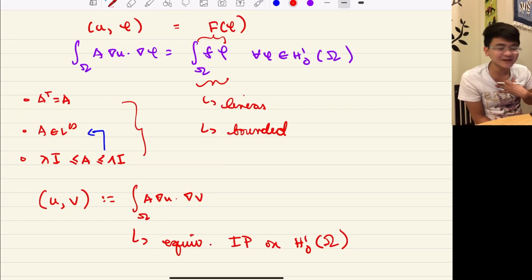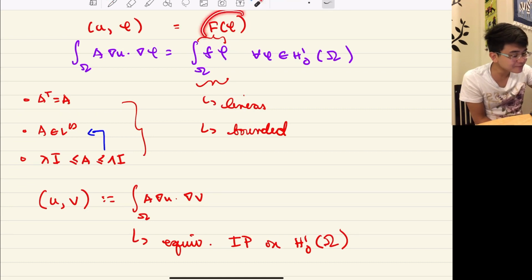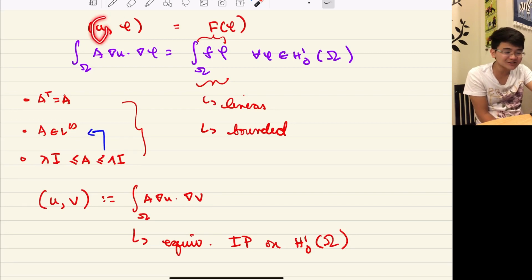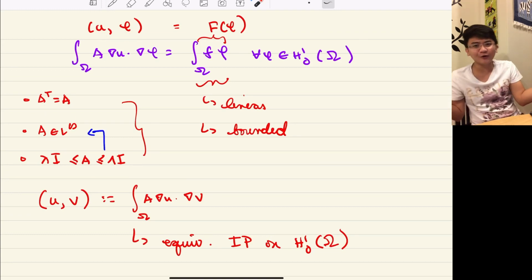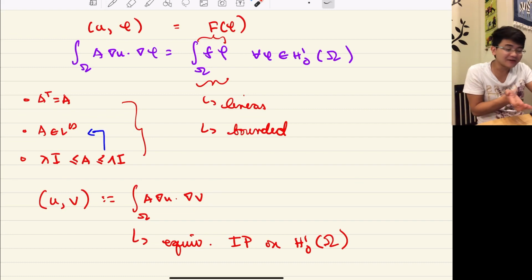So the Riesz representation theorem tells us that if I have a bounded linear functional, I can find a vector u in the Hilbert space such that the action of the functional is just the inner product of u with that thing. Now the crucial thing here is you can't just say, okay, I'm just going to define this as an inner product.